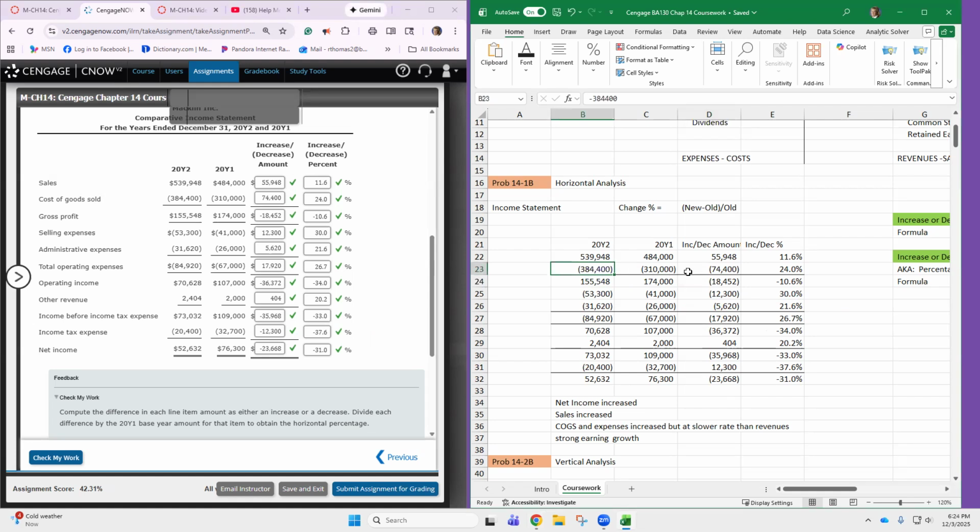And I need to correct my formulas here for my costs because, okay, so hang on just a minute. So if the old cost or the new cost was $684,400, and we want, let me try something here.